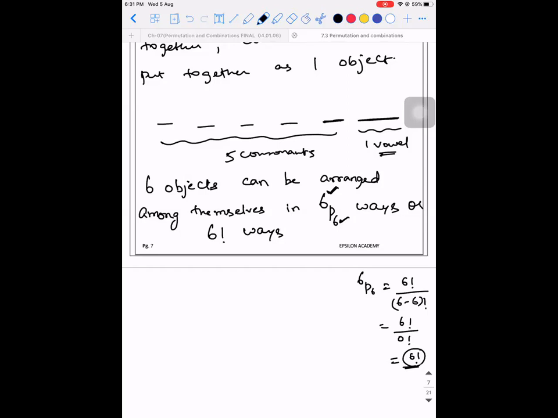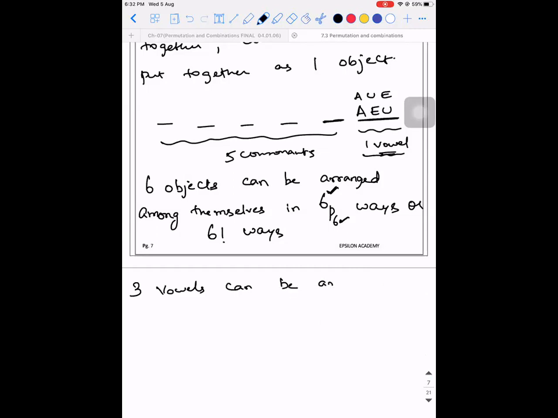But do I have only one vowel in my hand? How many vowels do I have? 3 vowels. So the 3 vowels among themselves can be arranged in how many ways? For example, I have AEU. I can write it as AUE. 3 factorial ways.